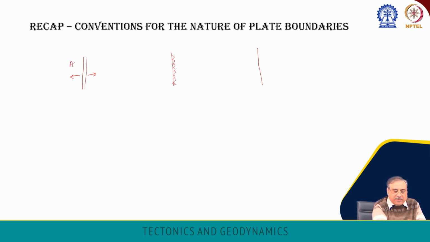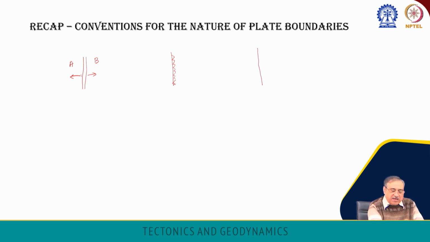So, if this is plate A and this is plate B, we show the two plates moving away from each other on either side of these two parallel lines. The parallel lines are supposed to be exactly equal in length along the same direction, except that the azimuth is different. So, if this is moving towards the east, this part has to move exactly towards west.